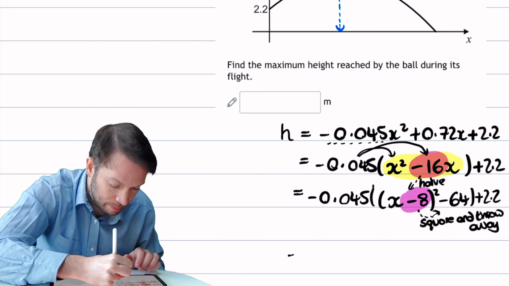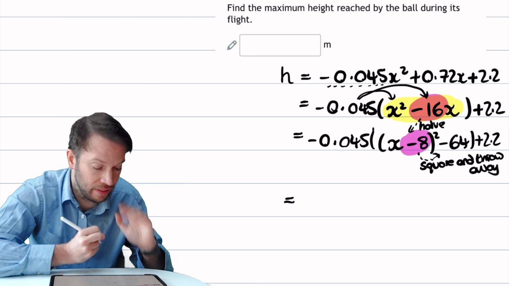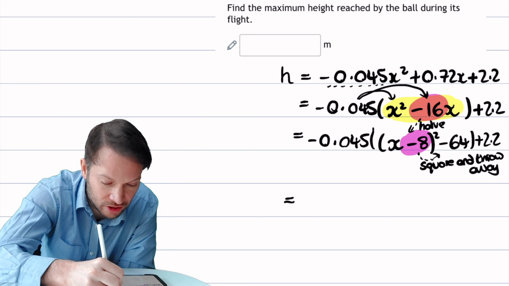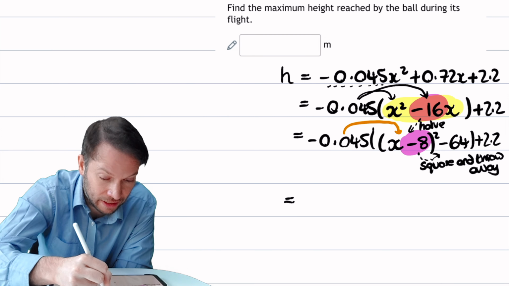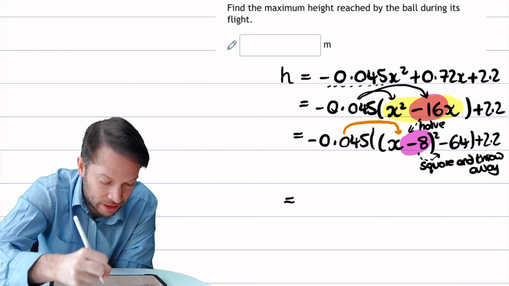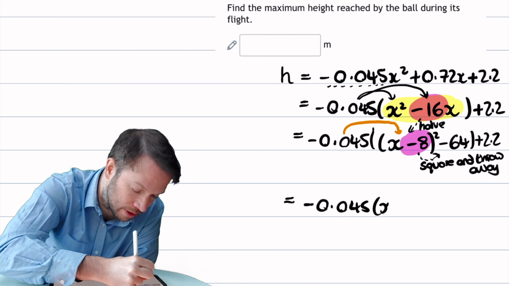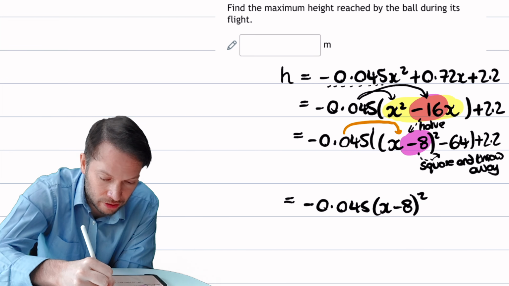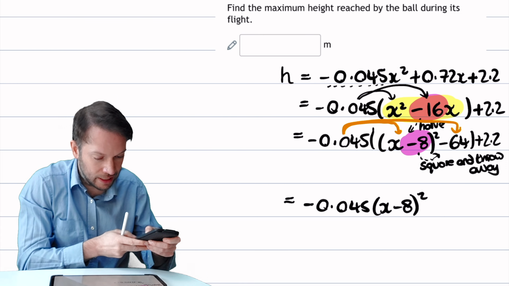And then the last step is that you expand out the outer bracket, not the inner bracket, the outer bracket. So I'm going to do the minus 0.045 times this first term in the bracket, so the whole of that bracket, x minus 8 squared, which is just minus 0.045 x minus 8 squared. And then I'm going to do this number on the front times the second thing, so the minus 64. I definitely need a calculator for that.